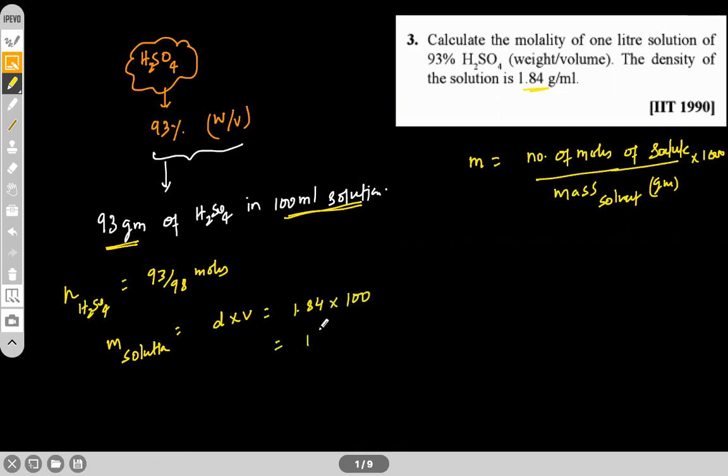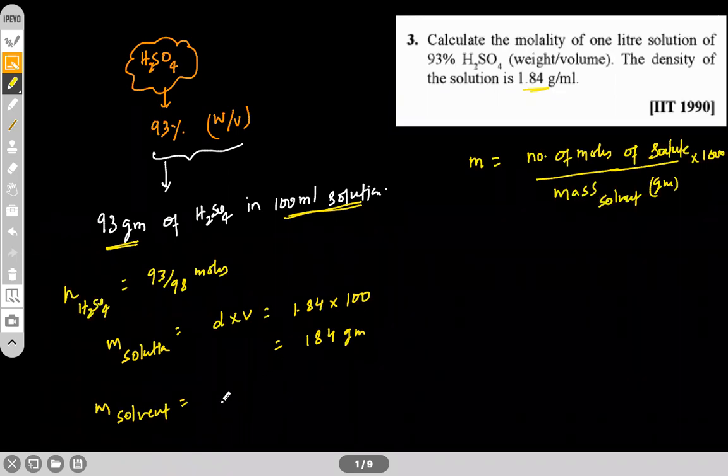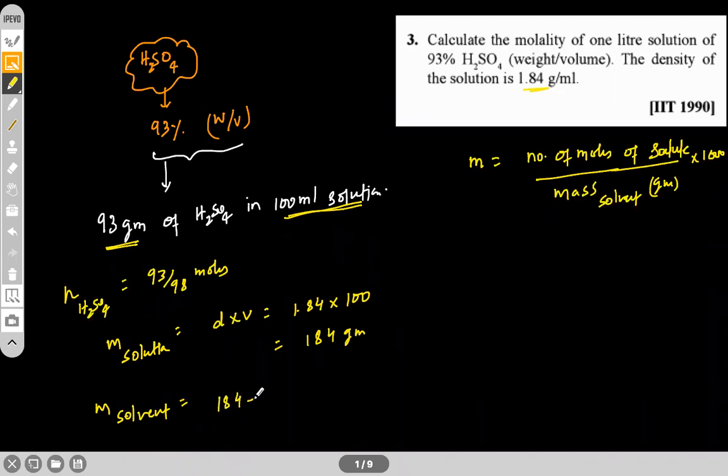So it is 184 gram, the mass of solution we have. So what is the mass of solvent? Because we need to find out the mass of solvent here. You see the formula. Mass of solvent is mass of solution minus the mass of solute, which is 93 gram. So this is 91 gram, the mass of solvent.